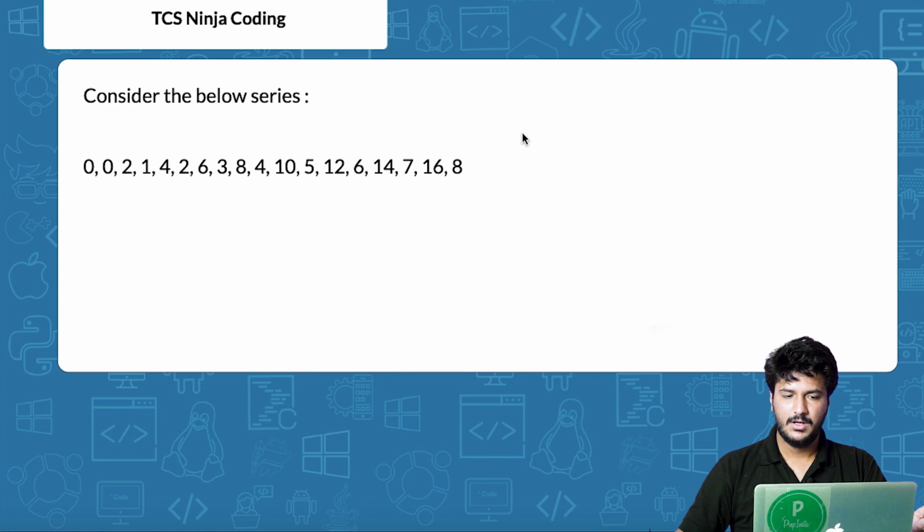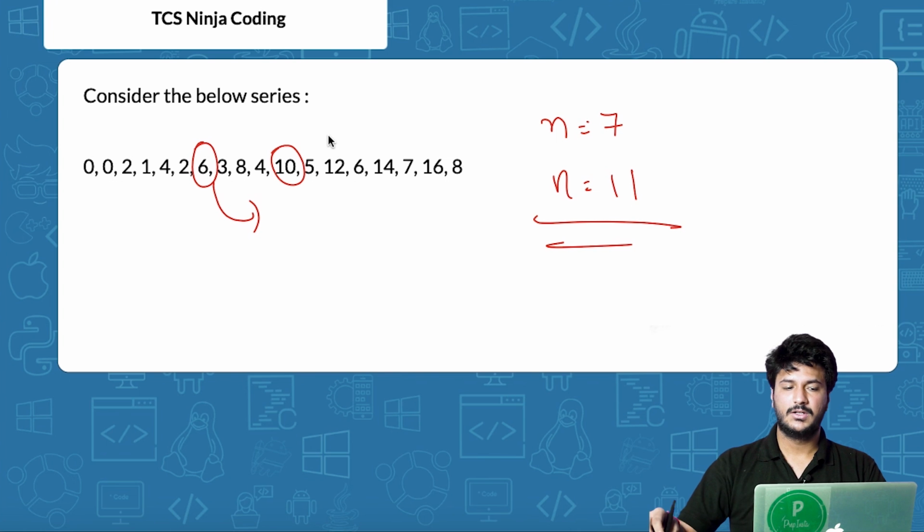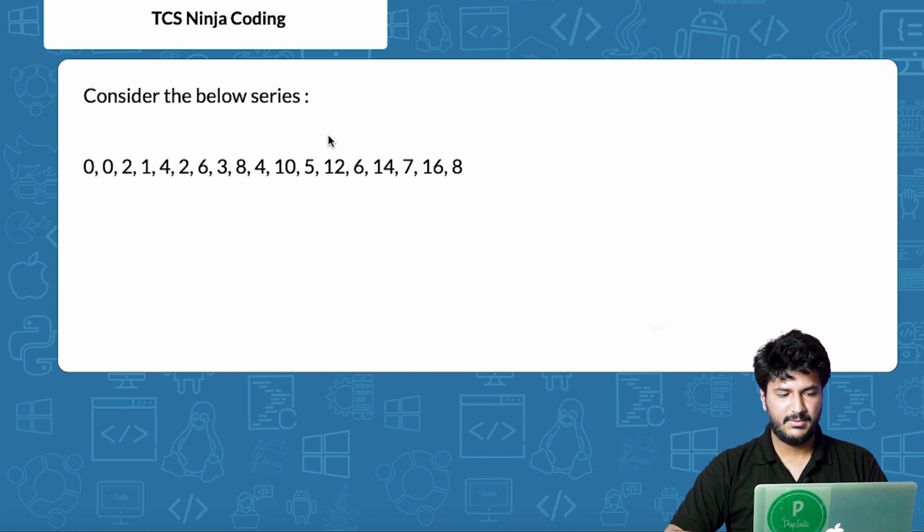So for example, if they tell you to take an input from the user as n, and the value of n is 7, so print the seventh number, that is first, second, third, fourth, fifth, sixth, seventh. So this is the seventh number, you have to print it. If the user decides to enter the value as 11th, then 8, 9, 10, 11, then this thing you have to print. So I'll tell you how the series goes further in the video.